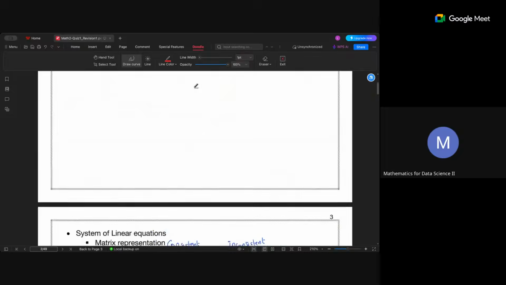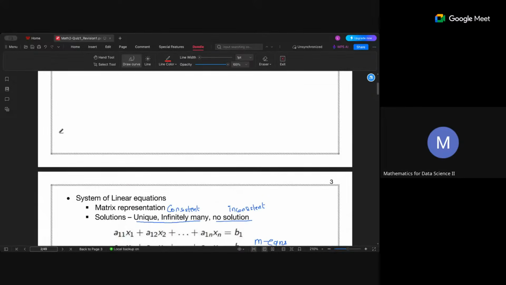These are some equivalent conditions. Take a system of linear equations Ax equal to B. You have a unique solution if and only if, let's assume A is an n by n matrix, the determinant of A is non-zero, if and only if the rank of A is equal to n.